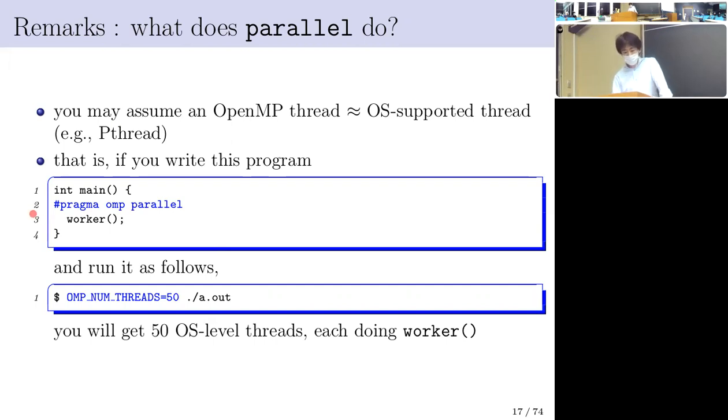So basically, when you specify this number, you need to be aware of how many cores you actually have on the platform.